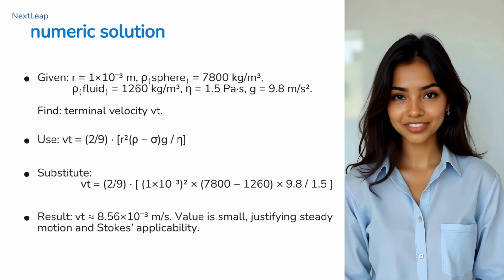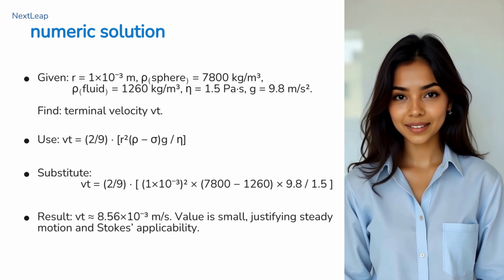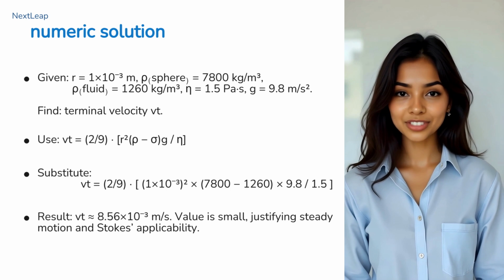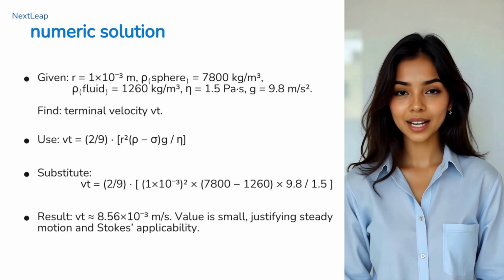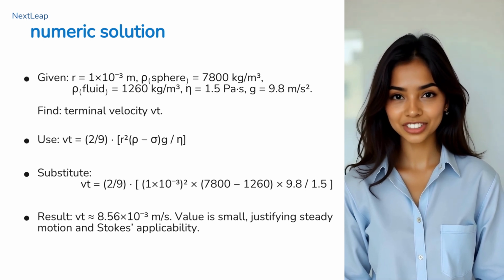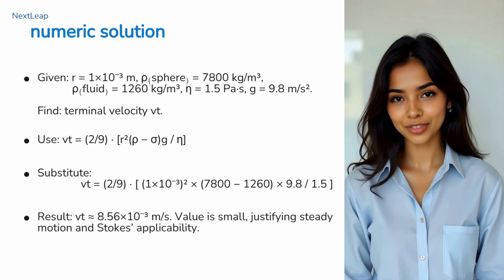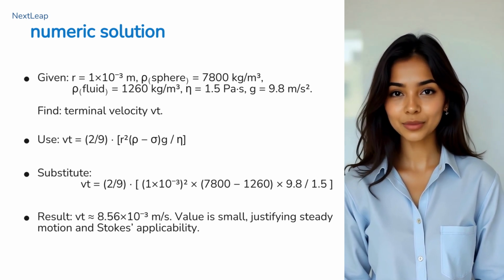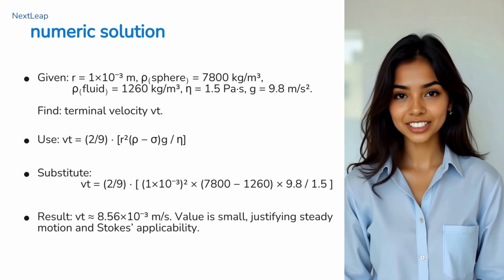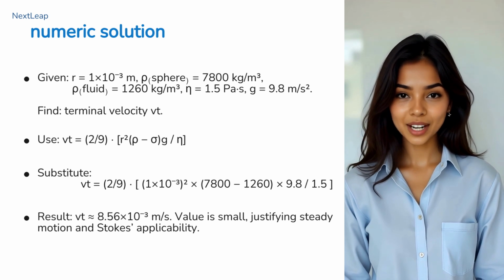We use the formula Vt equals 2/9 times r squared times open bracket rho minus sigma close bracket times g divided by eta. Substituting the values gives us 2 divided by 9 times open bracket 1 times 10 to the minus 3 squared close bracket times open bracket 7,800 minus 1,260 close bracket times 9.8 divided by 1.5.